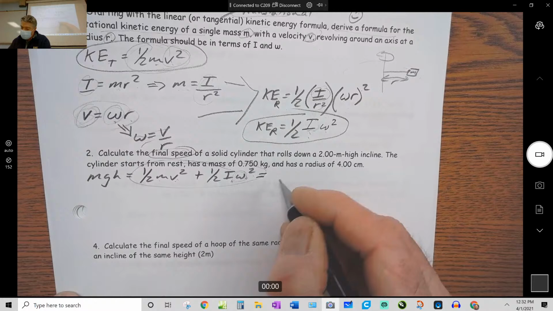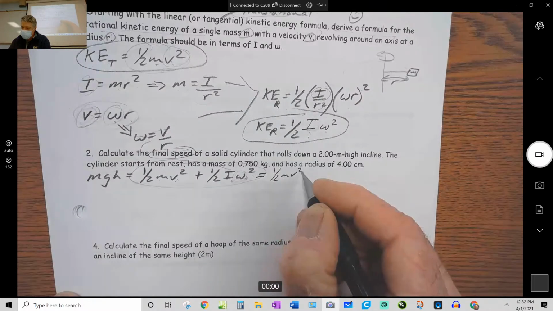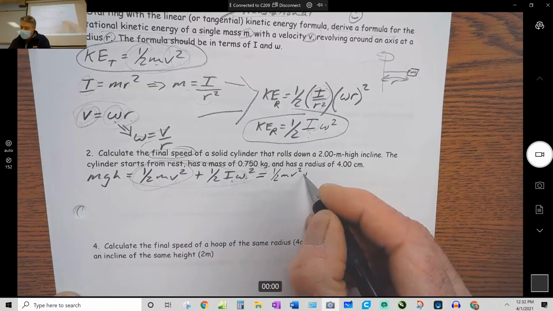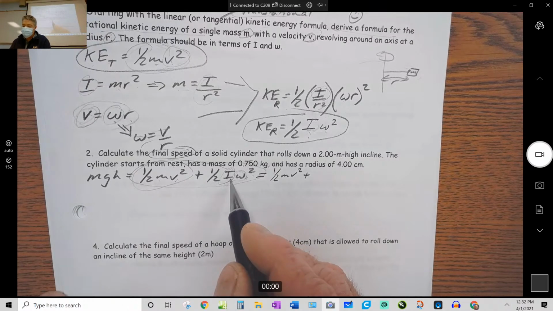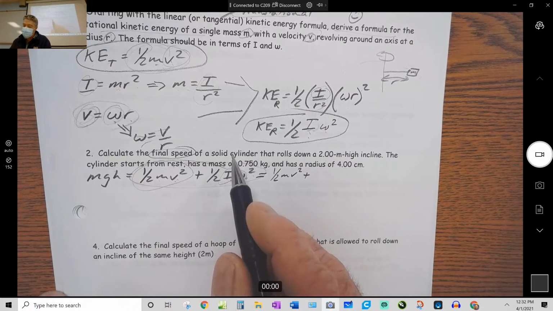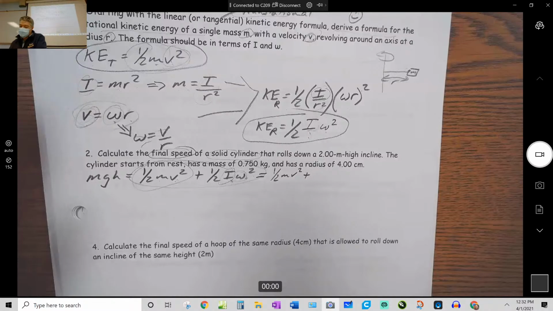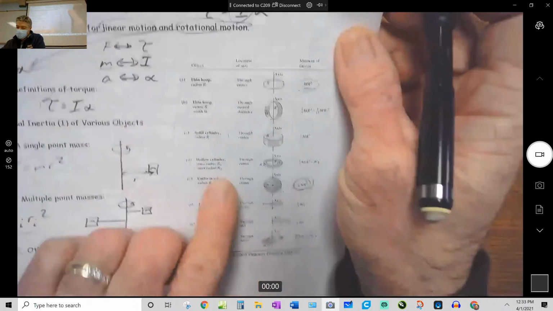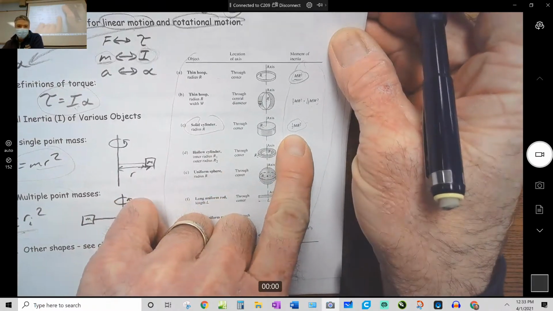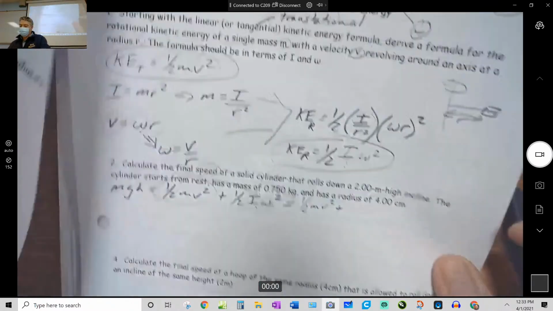So 1/2 mv squared is what I've got here. But in this case, I'm going to substitute in for the moment of inertia of a solid cylinder. I'm not given I for a solid cylinder. You might remember it. I'll look back to my table. Solid cylinder, I equals 1/2 mr squared.